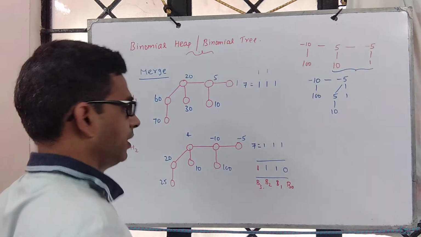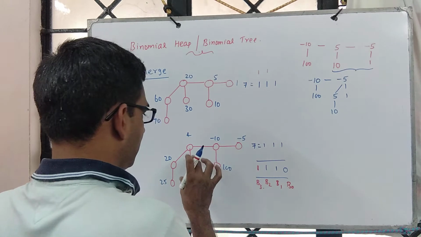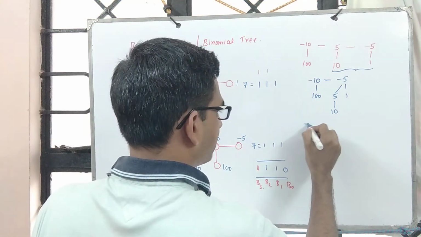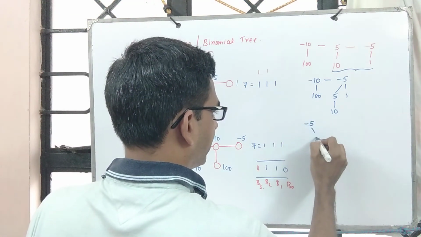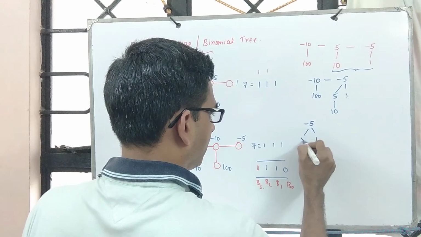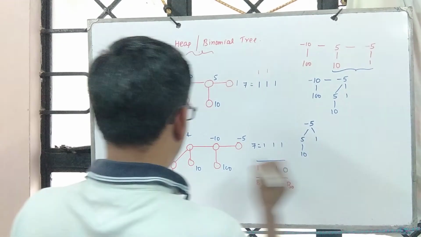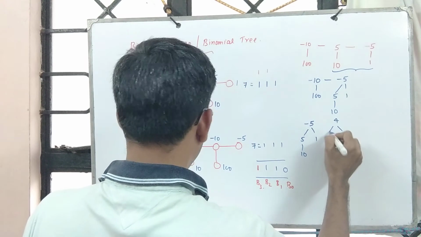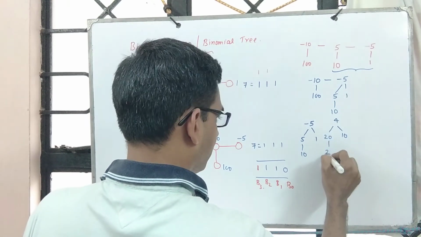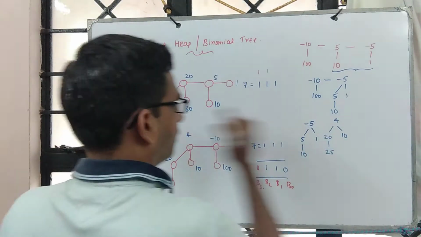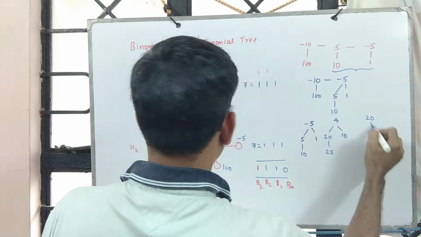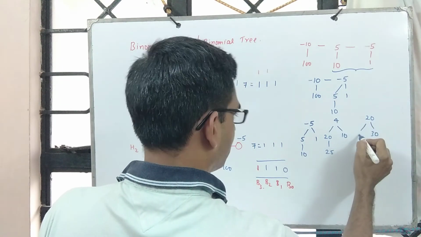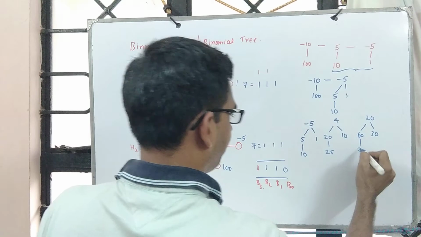Fine. Now you see that there are 3 copies of this. So one is minus 5, 1, 5, 10. Another copy is 4, 10, 20, 25. Third copy is 20, 30, 60 and 70.